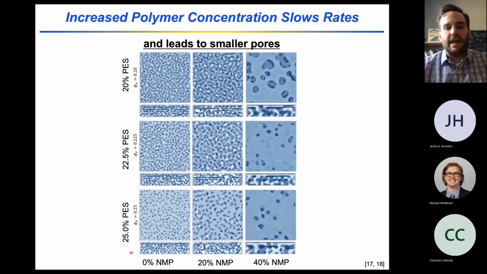Interestingly, this slower propagation of the front leads to smaller pore sizes. The thing you should look at here is this first column of the matrix, where a 20% polyether sulfone casting solution is plotted at the top, and 25% polyether sulfone is plotted at the bottom. As we go from top to bottom, the characteristic pore size becomes smaller.